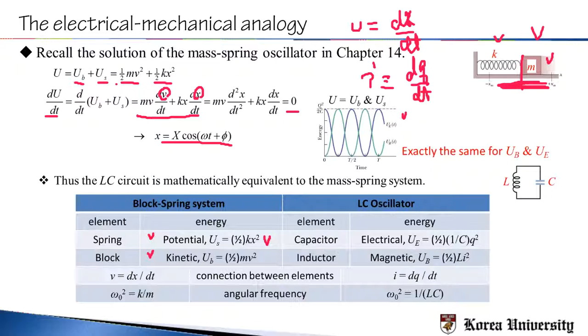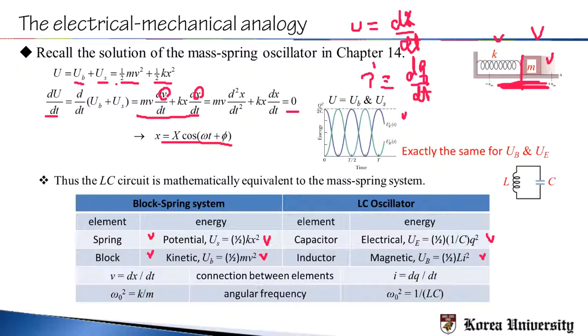The kinetic energy was half of mass multiplied by the velocity squared. In the LC oscillation, the electrical energy is half of charge squared divided by the capacitance, and the magnetic energy is half of current squared multiplied by the inductance.